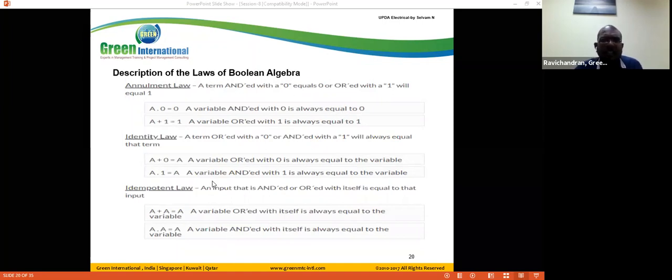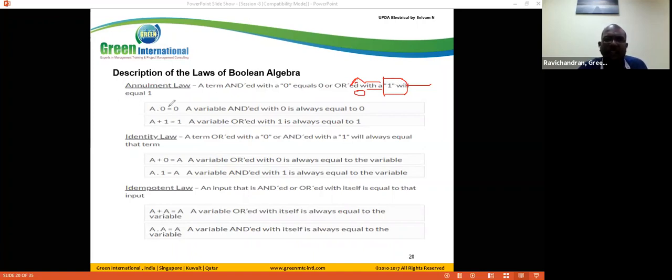See here, A dot 0. Here we have A, here we have 0. It is an AND gate. What is the output for the AND gate? Only if all the inputs are logically 1 does it give the logic 1 output.